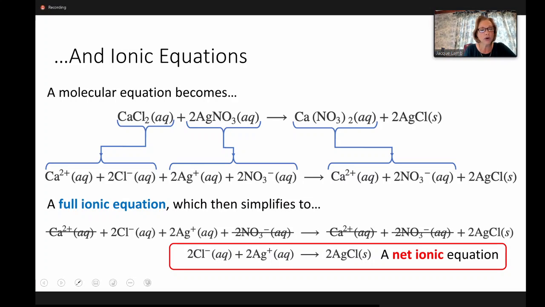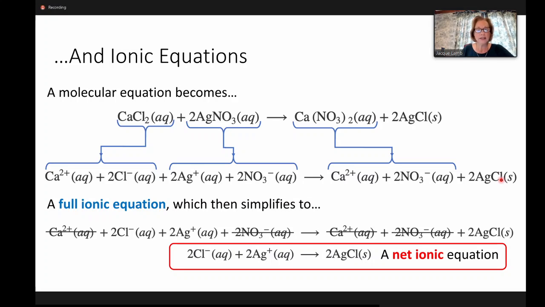So calcium chloride aqueous becomes Ca2+ aqueous plus 2Cl- aqueous. Our silver nitrate becomes 2Ag+ aqueous and 2 nitrate ion aqueous. On the product side, our calcium nitrate aqueous becomes Ca2+ aqueous and 2 nitrate ion aqueous, plus our silver chloride, which is a solid. That is written as a solid.